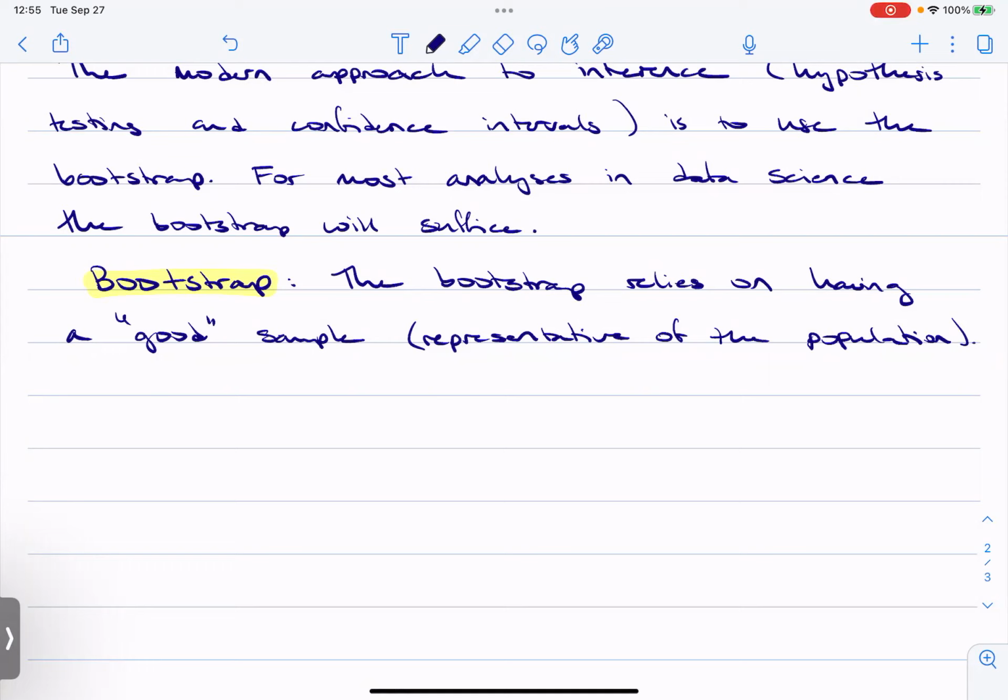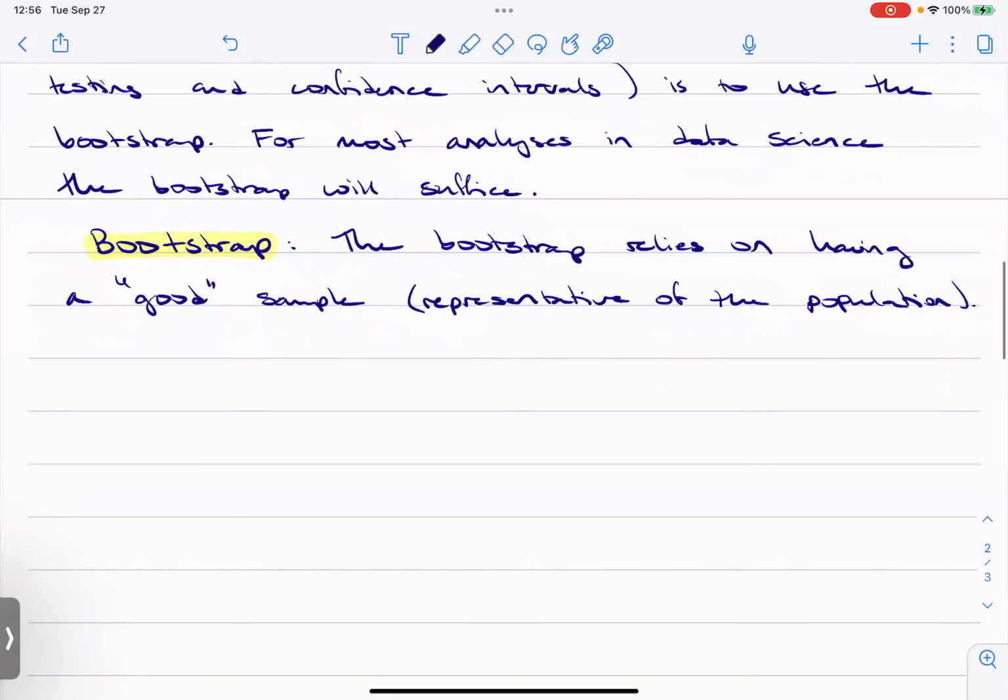There's no way to check that though. How do I know if my sample is representative? There's no way that I could know that, right? But I have to assume, so that's when you have to go back and you have to look, okay, well, how was the sample collected? And then you have to be satisfied with how it was collected. Is it random? Then you can assume that it's a good sample, but there's really no way to check that.